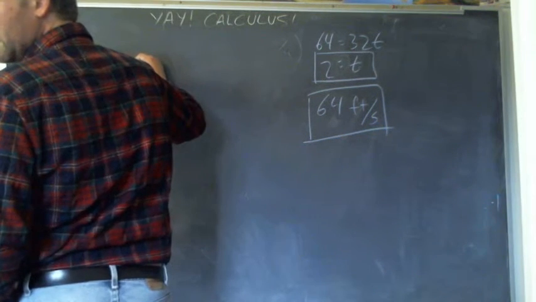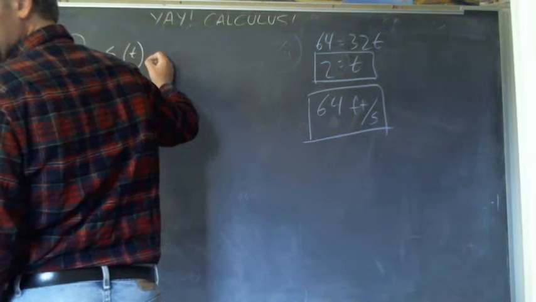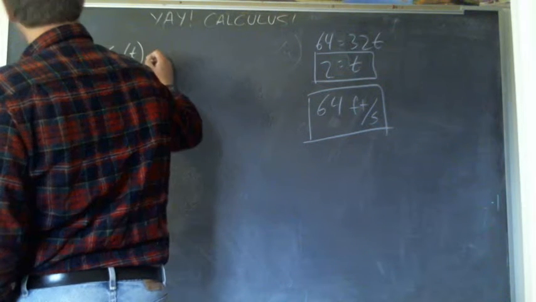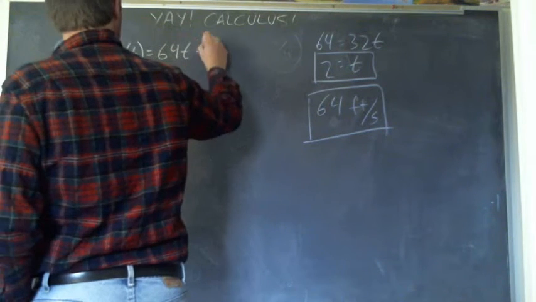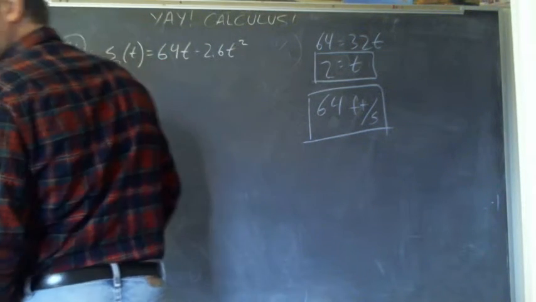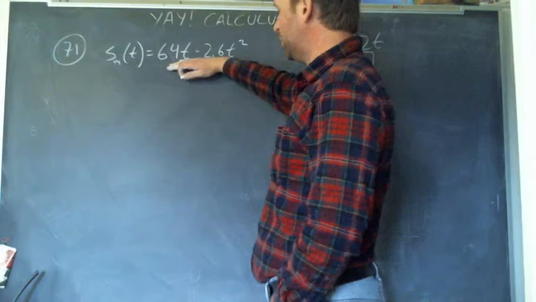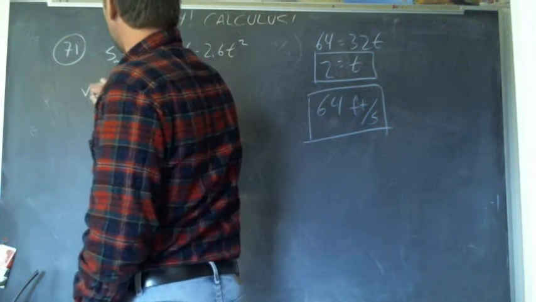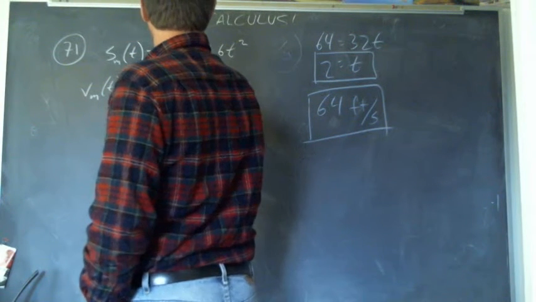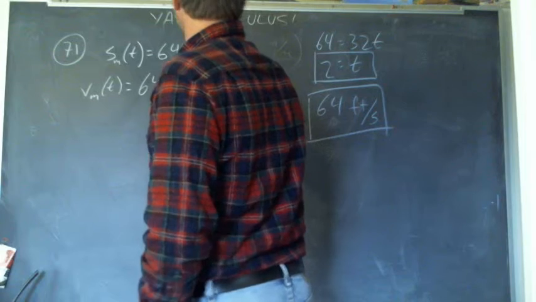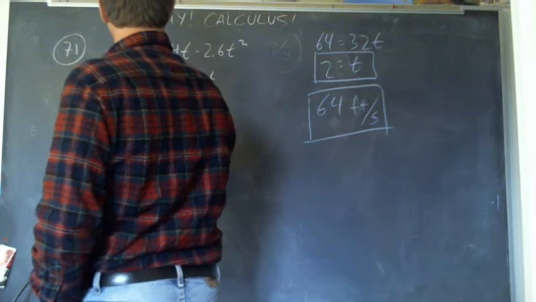We're looking at our position on the moon, which is equal to 64t minus 2.6t squared. So we've got a new position function. Our velocity on the moon is given by the first derivative of this, which is 64 minus 5.2t, and our acceleration on the moon equals negative 5.2.